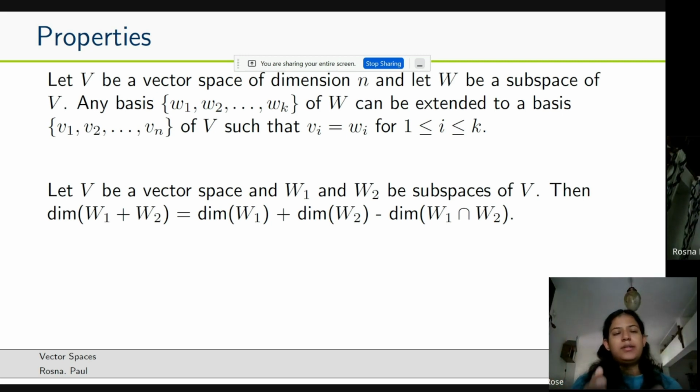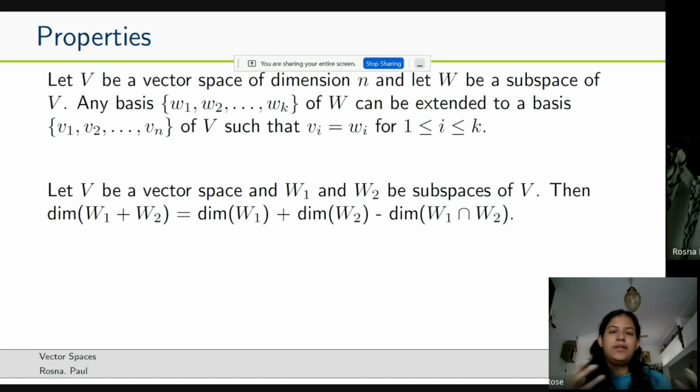So the main point is that if you know the basis of your smaller subspace, and you are asked to find the basis of the larger one, you can keep that basis of the smaller subspace as it is, and you only have to add the remaining basis vectors for the larger one, because the basis is not unique for a vector space.